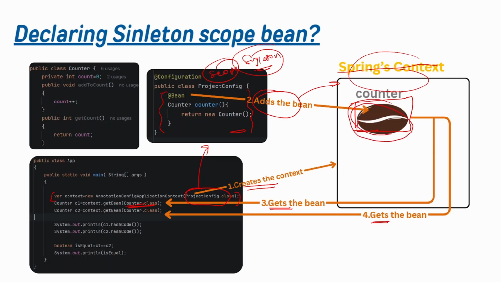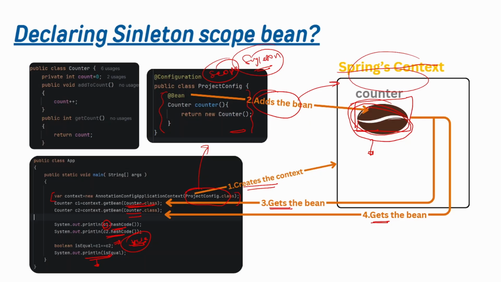So by default, whenever we try to get the reference of the Counter type, it gives the reference to the same bean, because we have already seen that the hash codes of both are the same and the comparison is true. Spring gives the reference of the same bean because in the singleton type only one instance is created and added to the Spring context.